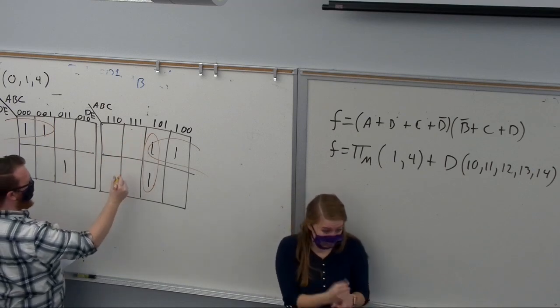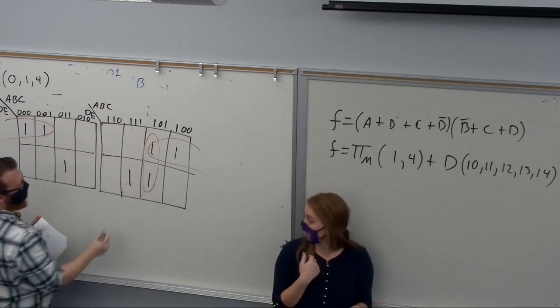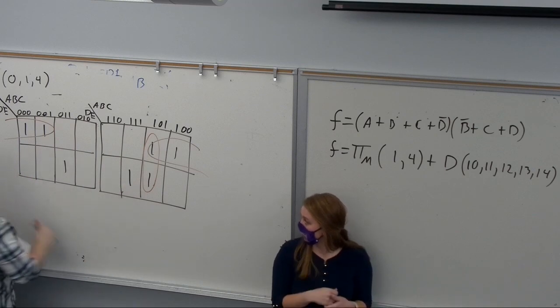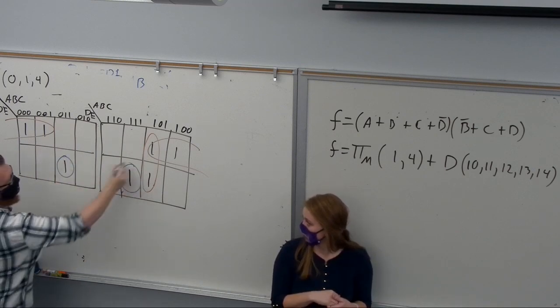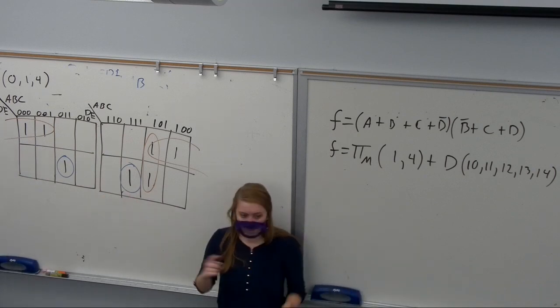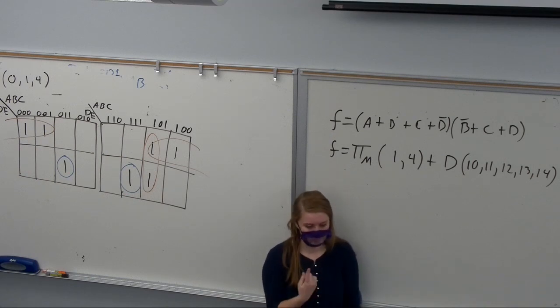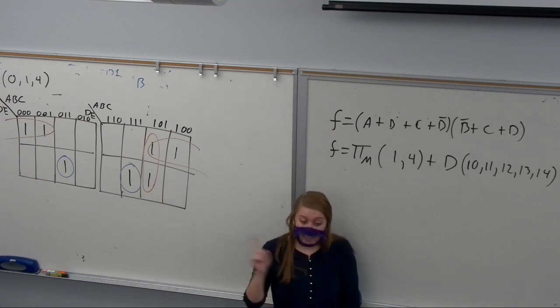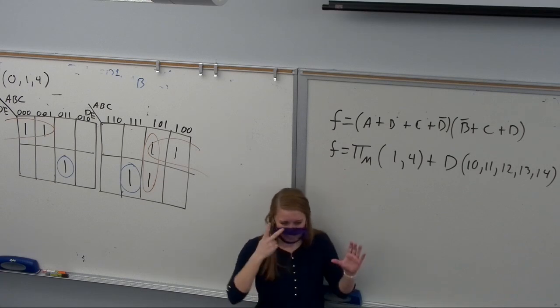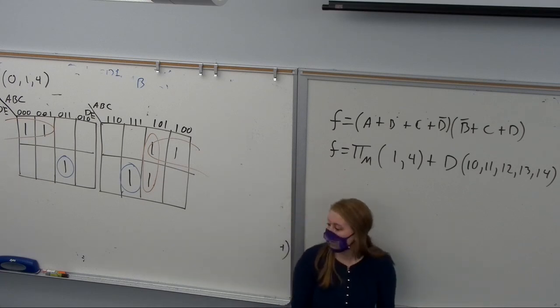So if I had a 1 here, then I actually would have that. Those two blue ones are a minterm. They're logically adjacent because they differ by only 1 bit, A. That's hard to see here. The other way to do this.